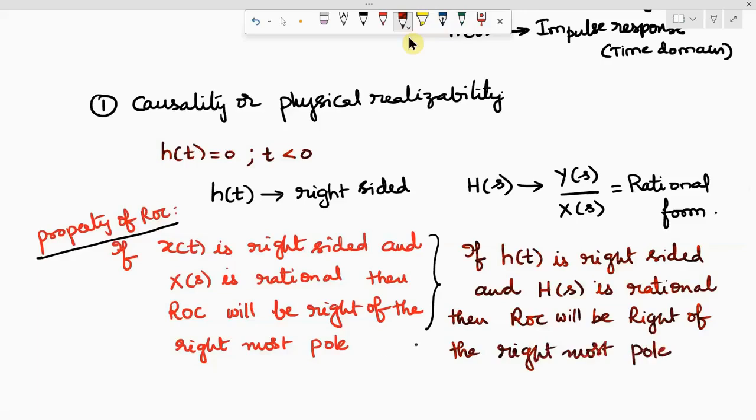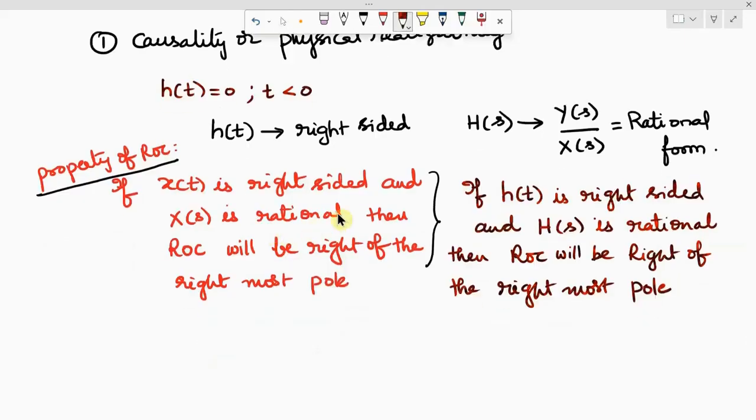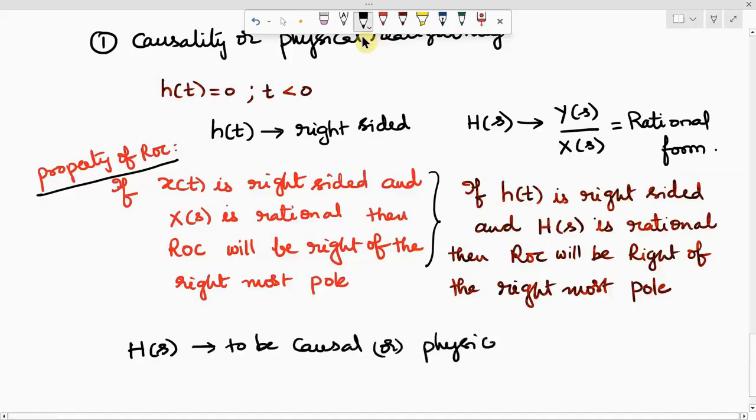Is it clear? Yes, sir. So for a system, now I'm saying that the system is represented by its transfer function. For a system H of s to be causal or physically realizable, how should the ROC be?